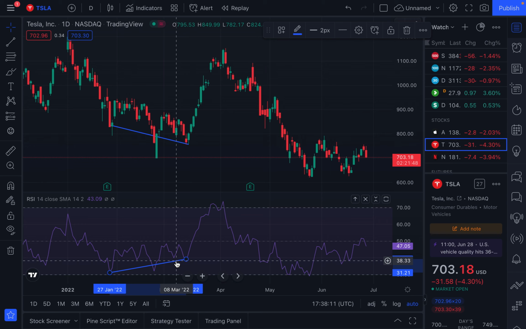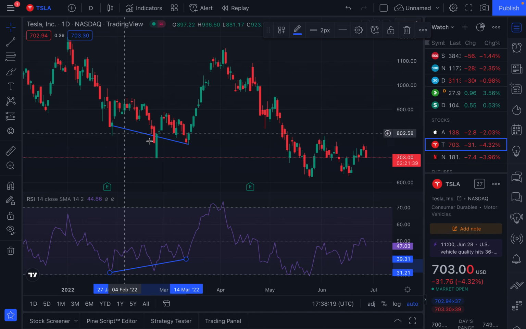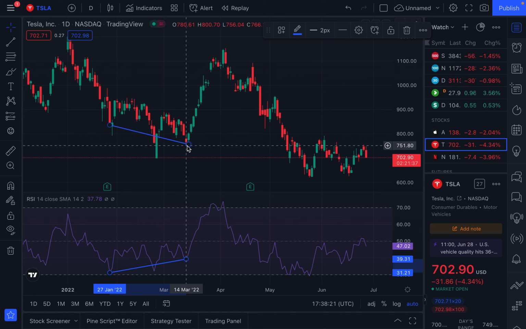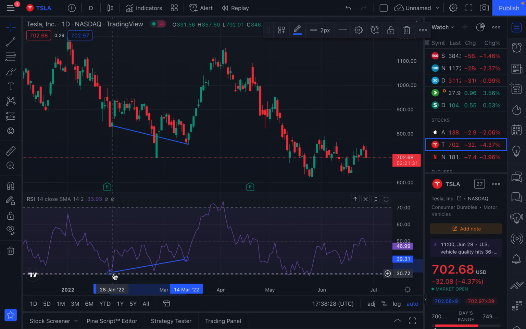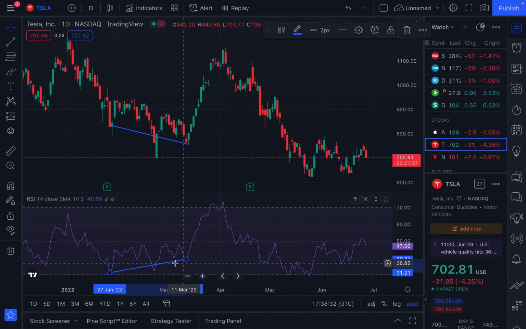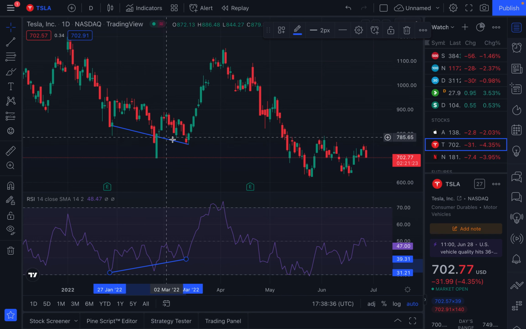Bullish divergence is characterized by a formation of progressively lower lows by the price candles, which we see over here. And if we take a look at the RSI, instead of forming lower lows, it formed higher lows. So again, we get this line pointing upwards and this line pointing downwards.